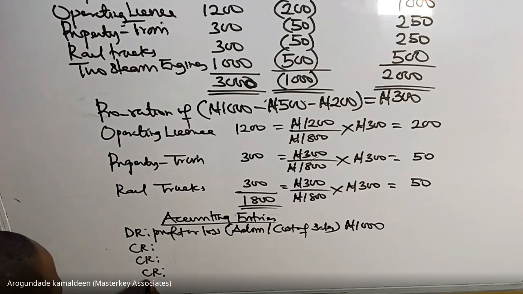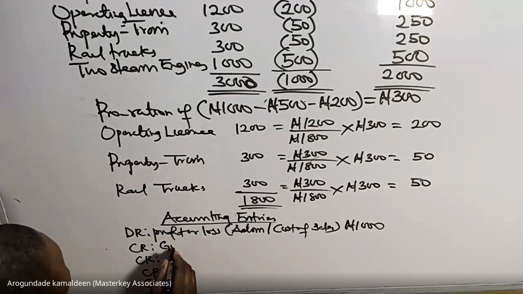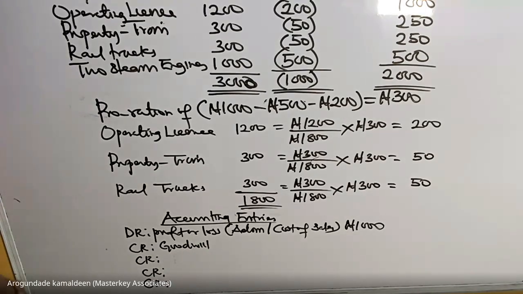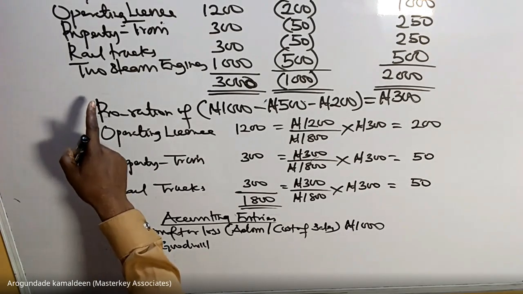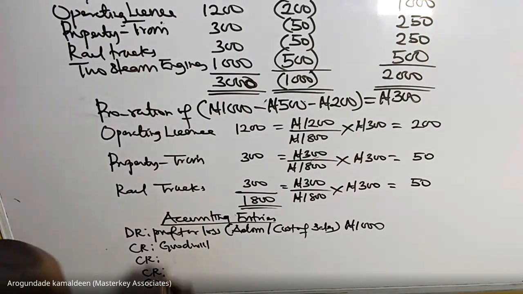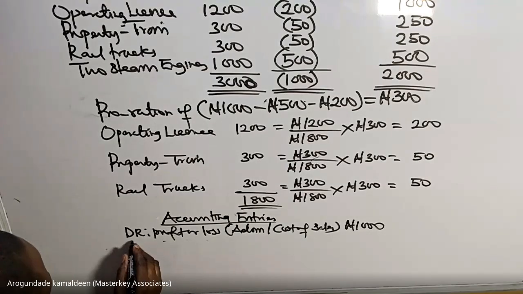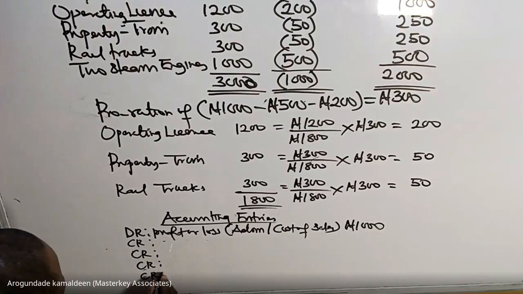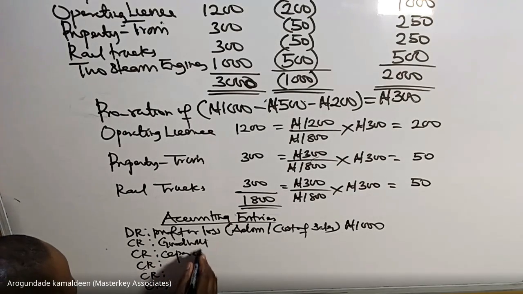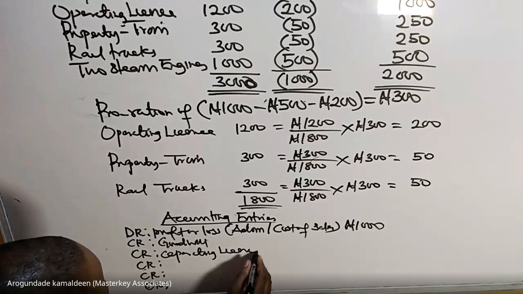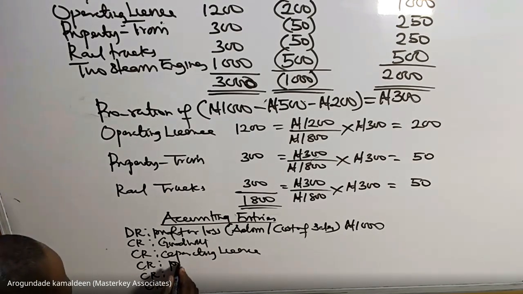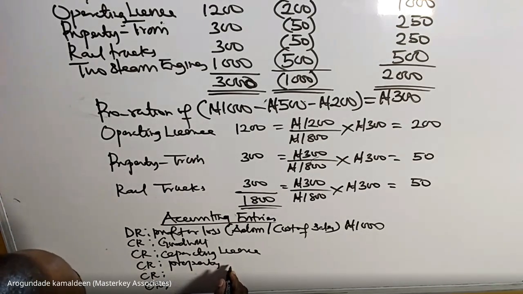You have, okay, the goodwill, the operating license, the property train.